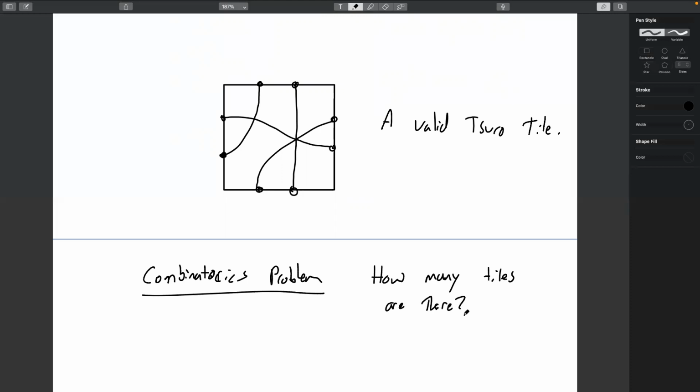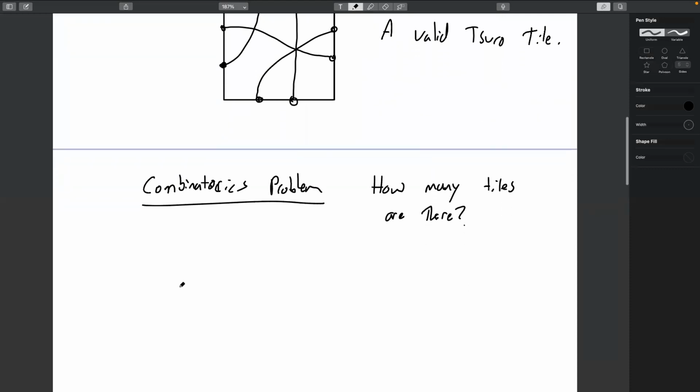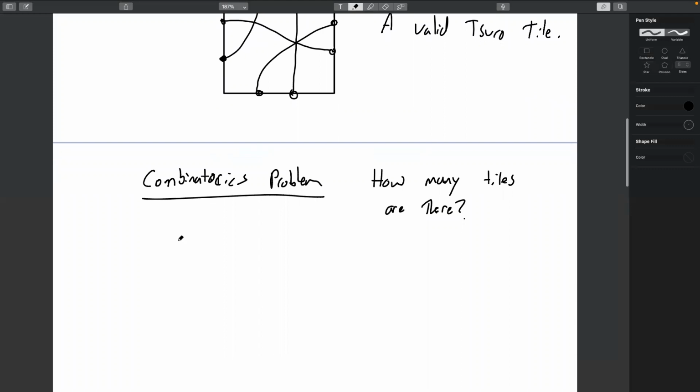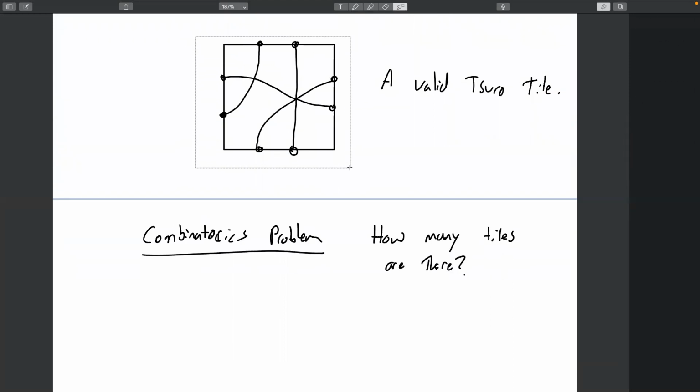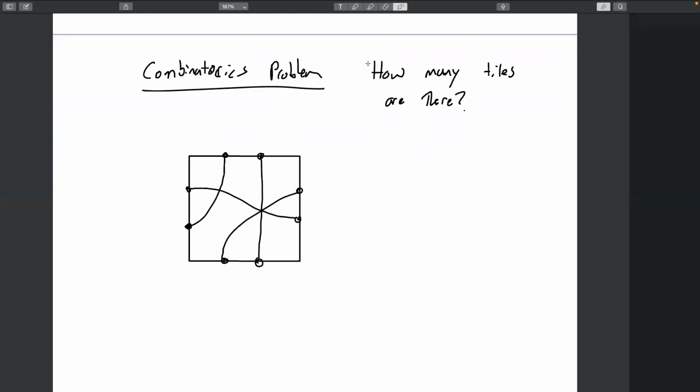And we will see that some interesting mathematics comes into this question, okay? First, let's do this in the most naive way possible. We're not going to get the right answer, but it's going to get us closer to a right answer, okay? So here's a blank square. We're trying to count how many tiles I can build this way.